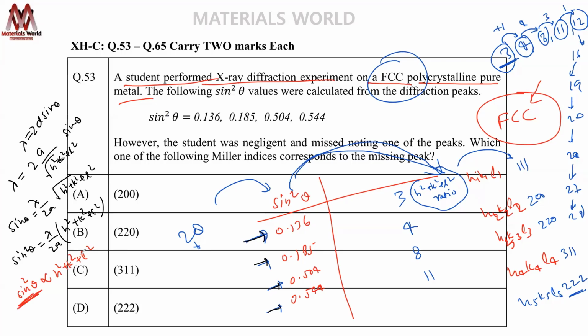That means the sin square theta ratio will be exactly the same as the H square, K square, L square ratio, because they are directly proportional and have a common constant you can cancel out. So our major task is to find the ratio between these 4 numbers. If it becomes exactly 3, 4, 8, 11, then I know it's an FCC structure and what its corresponding HKL peaks are. So let's jump there.